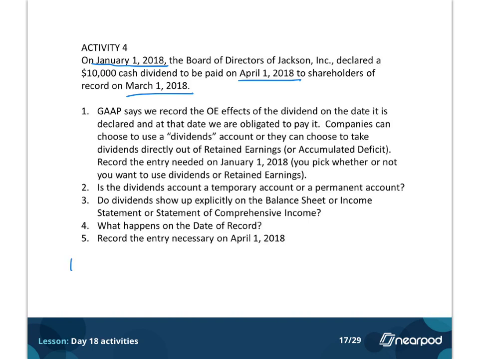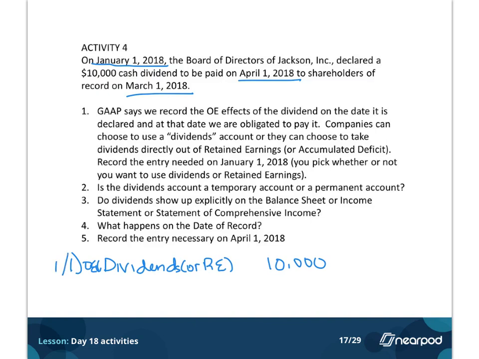what we would record, we want to recognize that we've got this dividend declared, so that would be a debit to dividends or retained earnings. Okay. Makes my owner's equity go down. This example, it's $10,000, pretty straightforward. I didn't actually pay that cash out on January 1st.